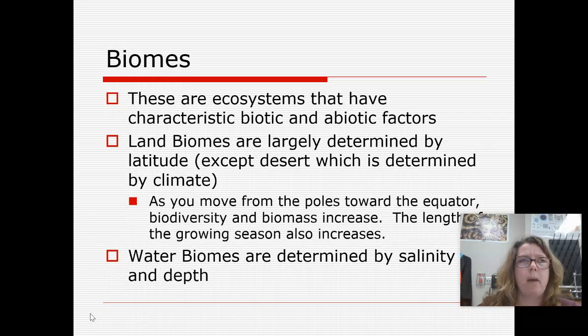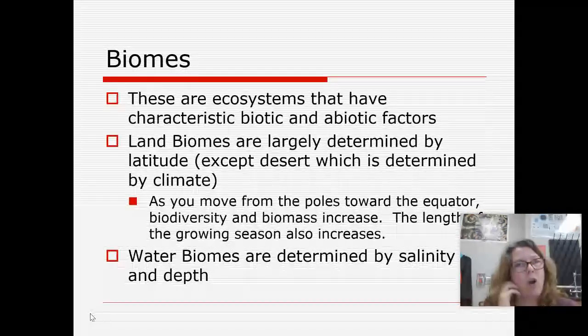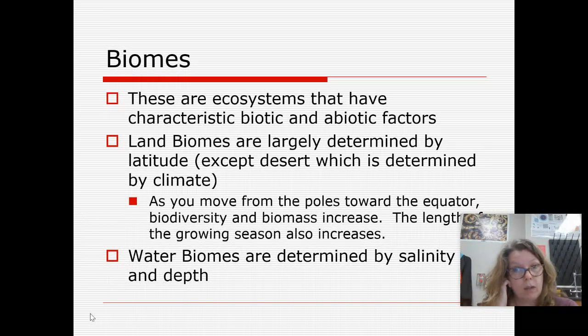Just usually what happens with a desert is there's a geographic area that has a feature that prevents maybe storms from getting to that area and dropping a lot of precipitation. So it tends to be very arid. And so deserts are actually found at all of the latitudes on the planet, not just at any specific latitude.